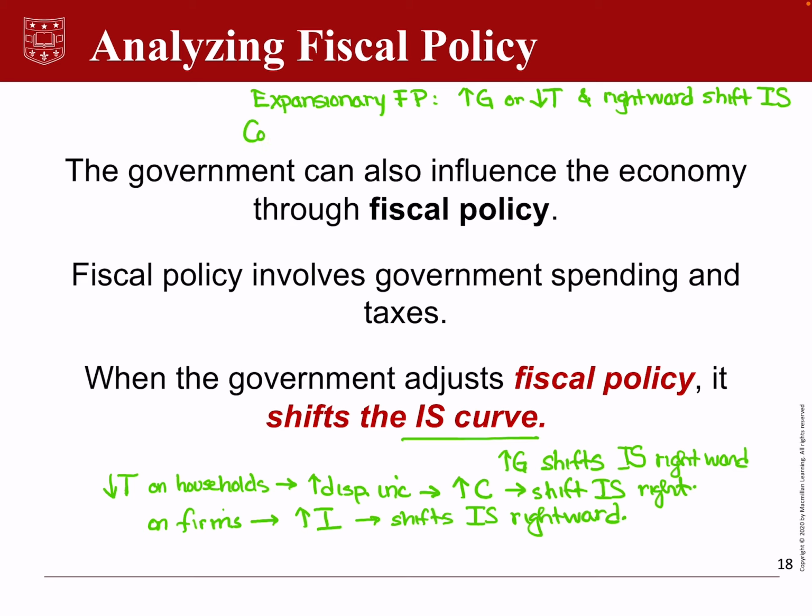And contractionary fiscal policy would be the opposite: a decrease in government expenditures or an increase in taxes and a leftward shift in the IS curve.